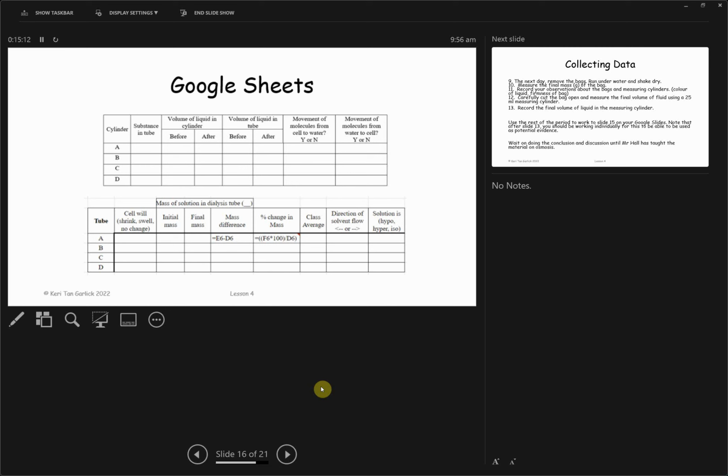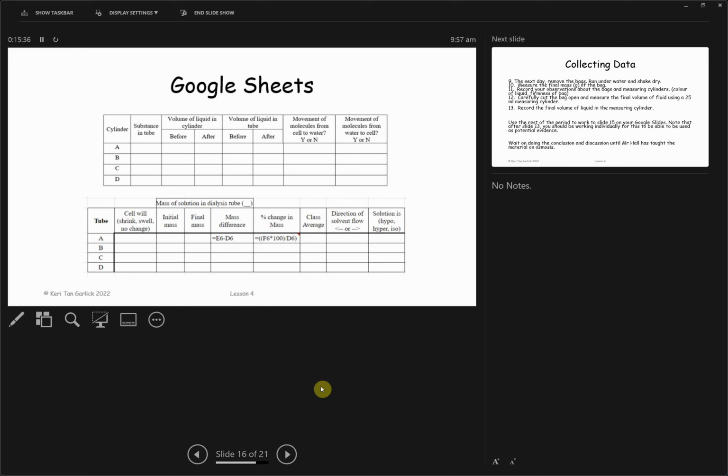The other thing that we are going to be measuring is some observations. So did the cell shrink or swell or no change? When you're looking at the dialysis bag, did it get bigger, smaller, or no change? The initial mass is what you took yesterday, and the final mass is what you have today. What you're going to be doing is calculating the percent change in that mass.